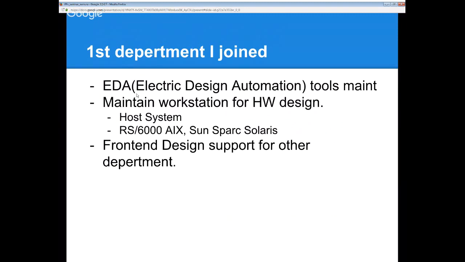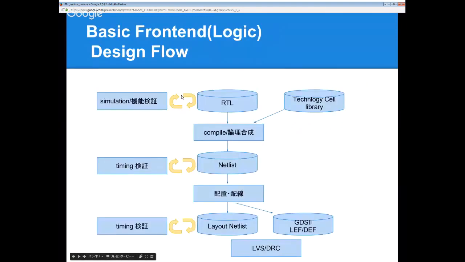Okay, so first, I would like to explain about the logic design flow. This is a quite basic flow. Here is RTL. RTL is register transfer level description.